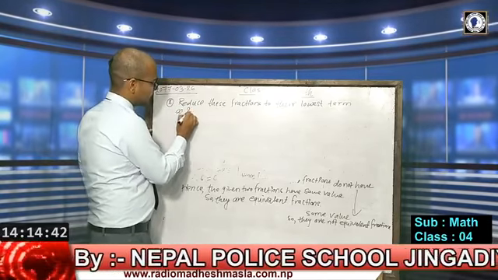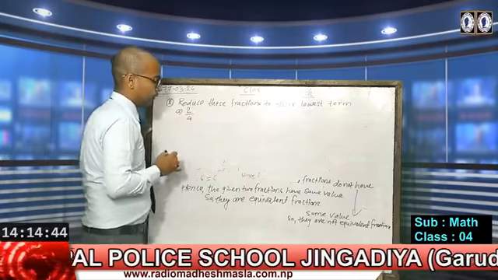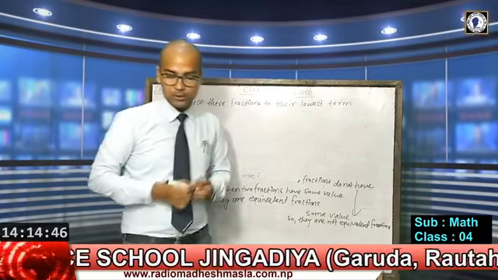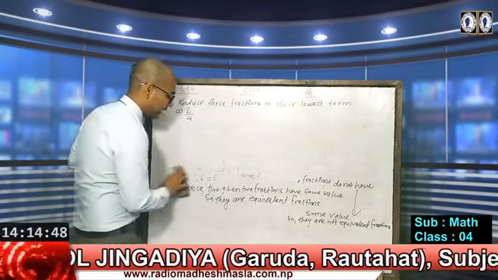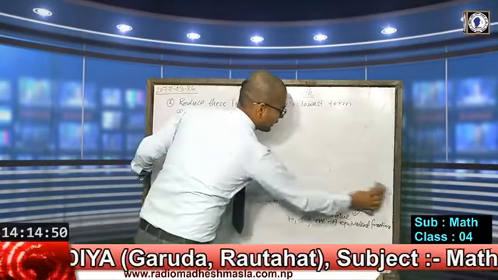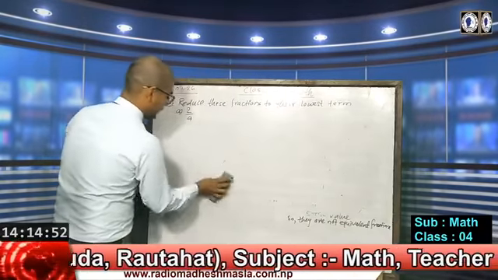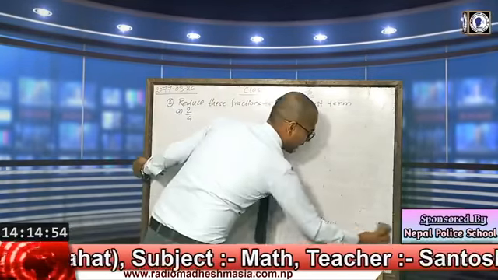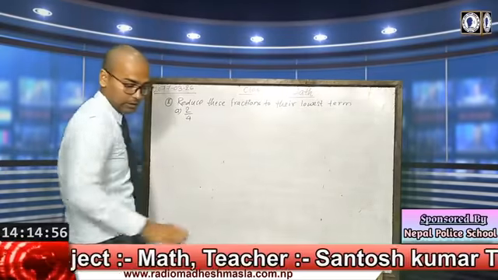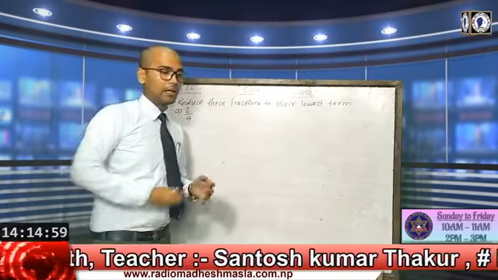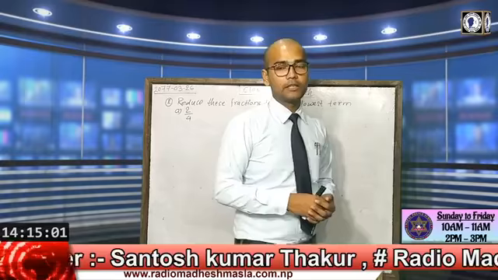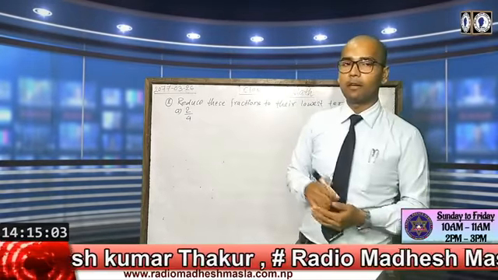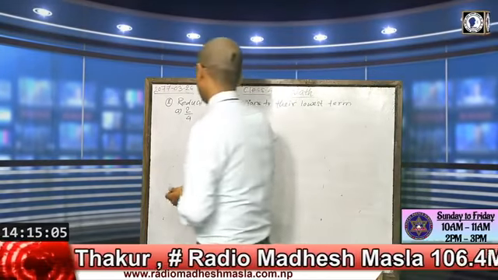Suppose our first question is 2 by 4: to find the lowest term of the fraction 2 by 4. As we already learned in finding equivalent fractions by the division method and multiplication method.